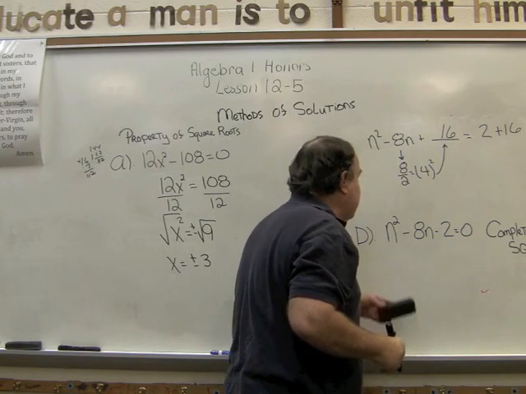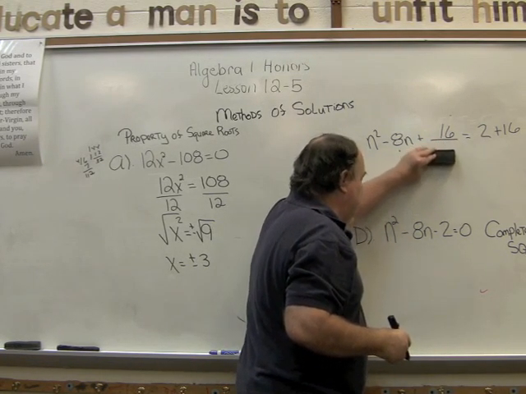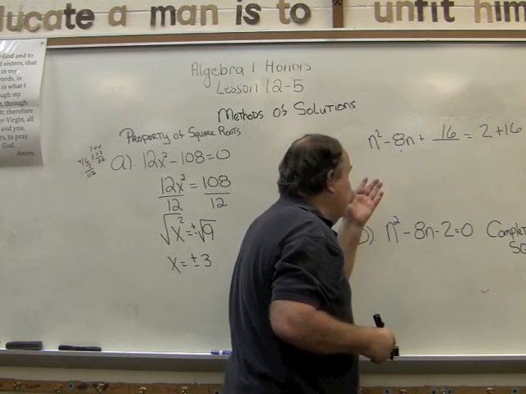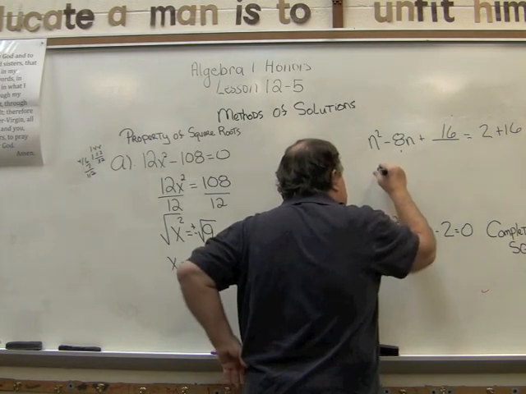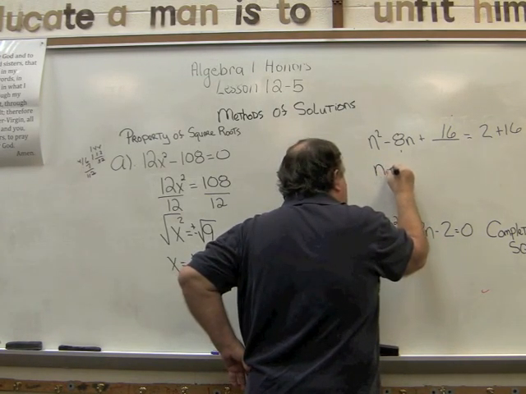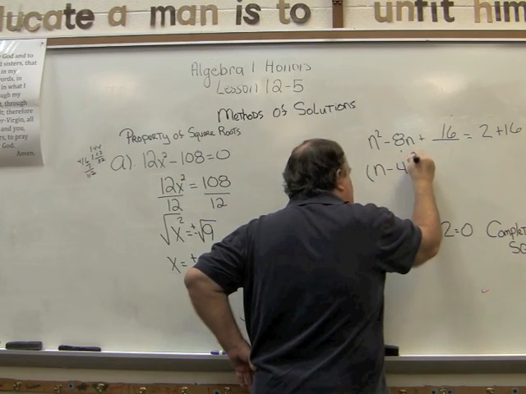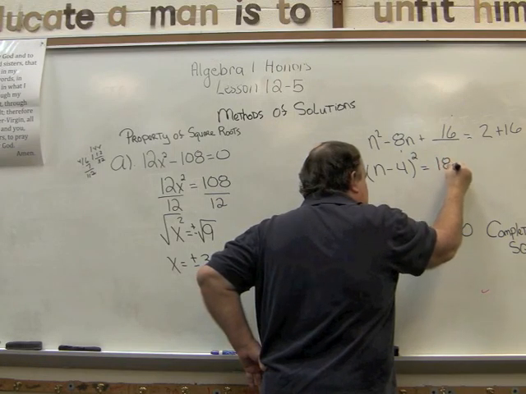Now what's going to happen is, this side of the equation is going to be a perfect square. Okay, well, what's our perfect square going to be? If we went ahead and factored this, we would find out that our perfect square would be n minus 4 times n minus 4, which would be n minus 4 squared, and we would have 18 over here.